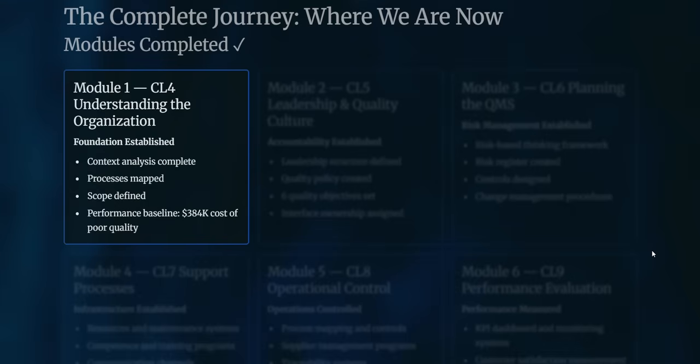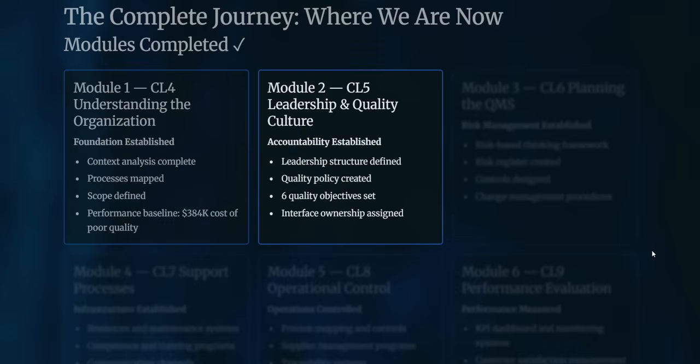We have defined the scope, and we have established the process performance baseline, which is the cost of poor quality of 384. And then in Module 2, which is Clause 5, Leadership and Quality Culture, we have established accountability there, and leadership structure has been defined, quality policy has been created, 6 quality objectives have been set, and interface ownership has been assigned.